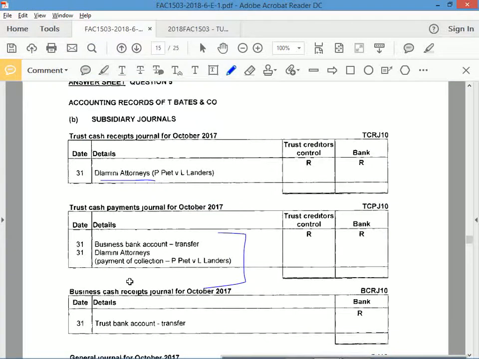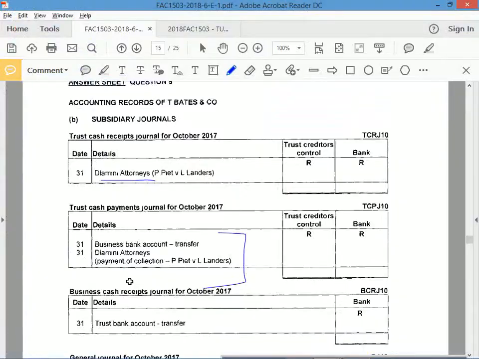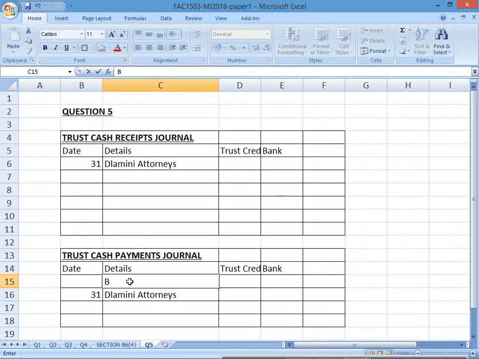Business bank account, Glamini Attorneys. So I can copy this one, and this was the business bank account. That was the 31st as well.